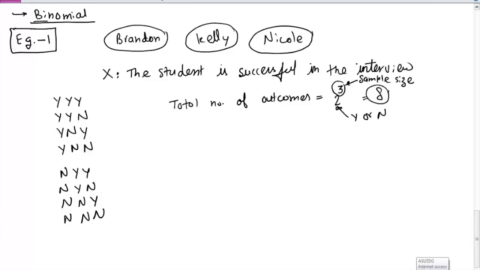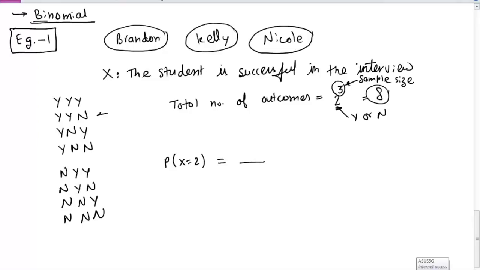Now suppose I want to find out the probability that x equals 2. So x equals 2 means exactly 2 students are successful in the interview. To find that, I need to figure out, of all these 8 outcomes, the situations where exactly 2 are yes.